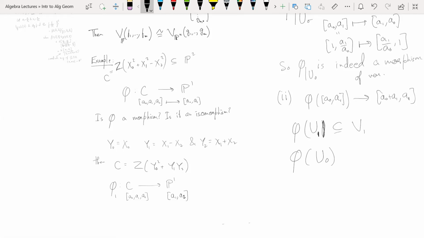So this is contained in v0 minus, so I'll just remove both the pieces. So maybe P1 minus the locus where A0 equals 0 and x0 equals 0 and x1 equals 0.